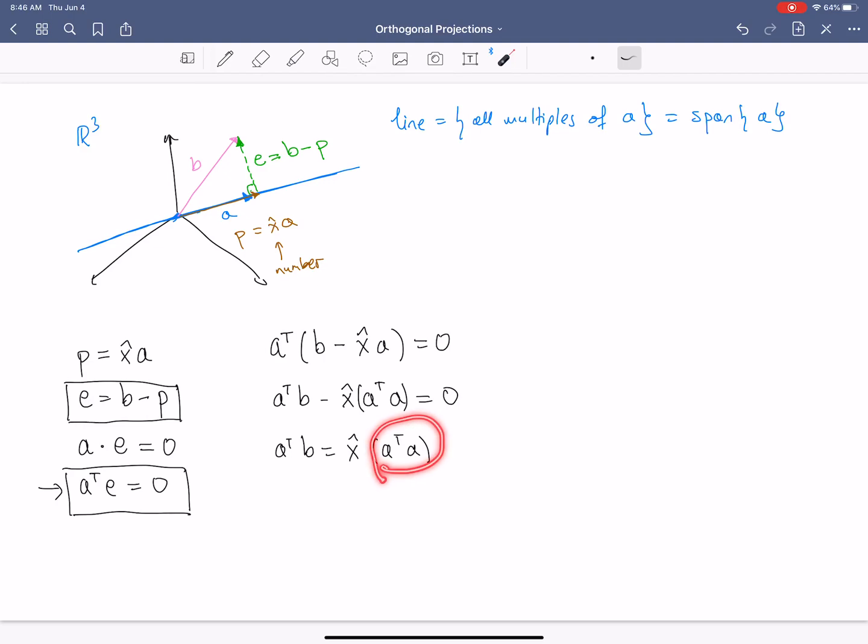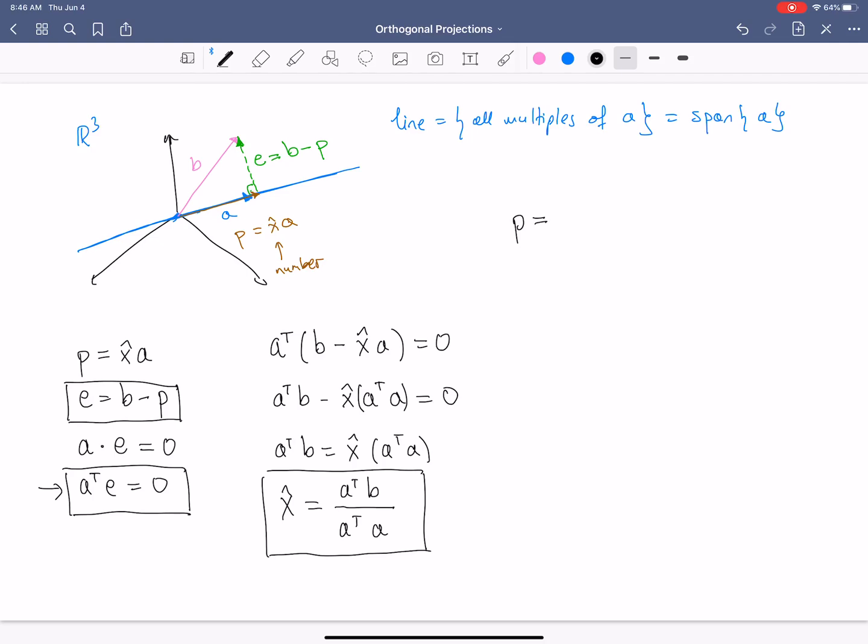What I get is that x hat equals A transpose B over A transpose A. So this number defines precisely the projection of B onto the line containing A, in the sense that P equals A transpose B over A transpose A times A. What is in the parentheses is just a number that multiplies A, so we're getting a multiple of A. This is the projection.